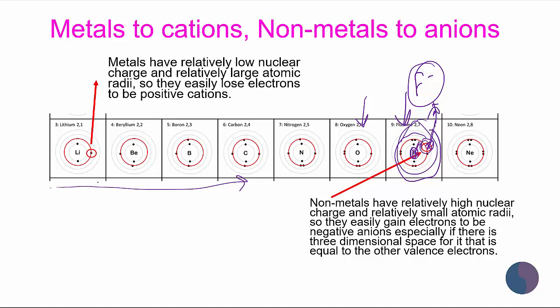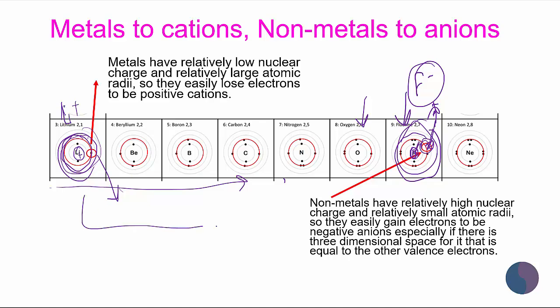All right, with the non-metals, the metals, there's the non-metals. With the metals, relatively speaking, this is not very positive, and as we did with atomic size, this is quite large. So the electron is going to easily just drift off and be gone. That's why these guys have a full shell, but in the other direction. So this will be lithium 1+.